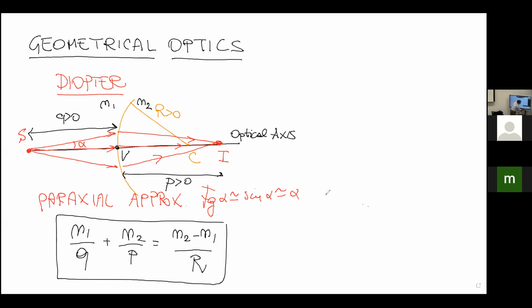Now, clearly, in optics, you may have that an optical system is formed by several different surfaces that are separating many materials with different refractive index.